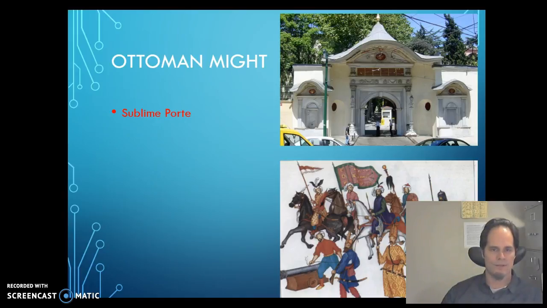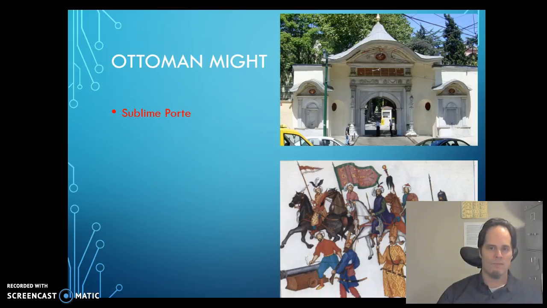So in Istanbul, there was a special district, a diplomatic district, where any foreign emissary, European, Safavid, Indian, Chinese, what have you, an official diplomat who was representing a civilized power at that time would meet and try to conduct business with the Ottoman Empire at the Sublime Porte.